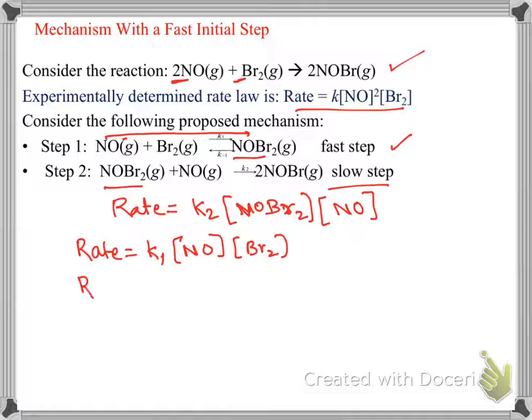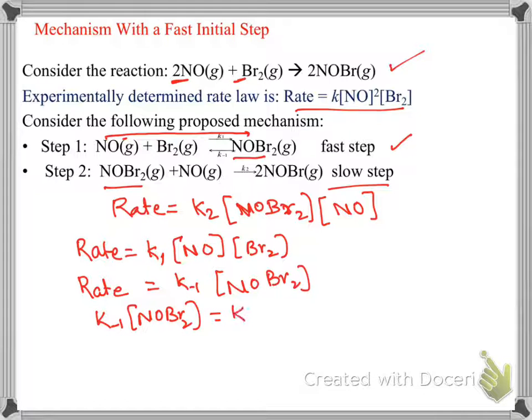For the backward reaction, rate equals k inverse 1 times [NOBr2], because for the backward reaction now NOBr2 is a reactant. At equilibrium, forward reaction equals backward reaction, so I can say k inverse 1 [NOBr2] equals k1 [NO][Br2].